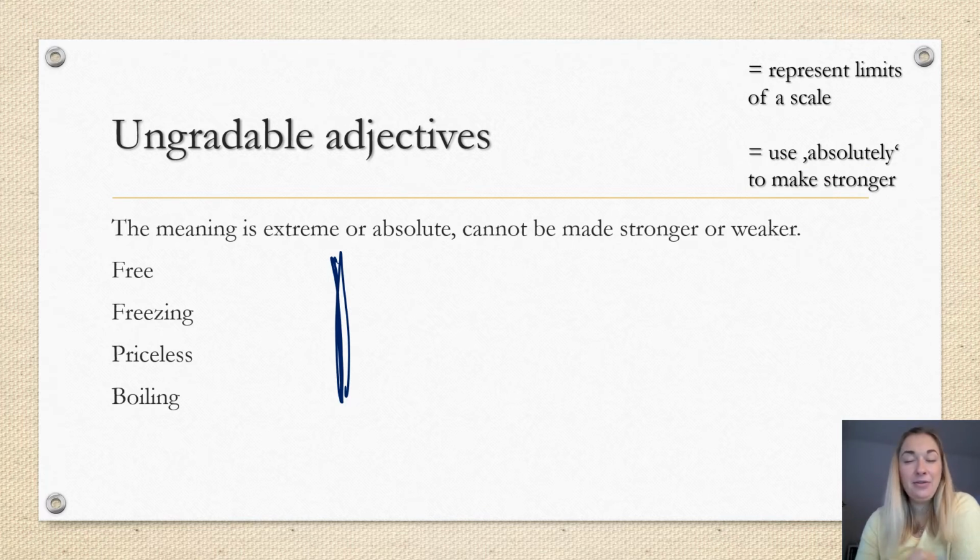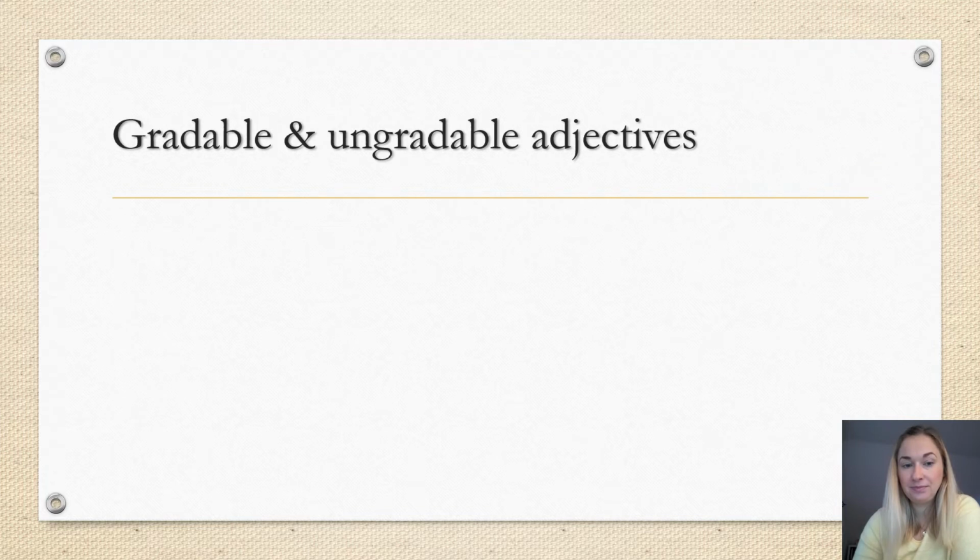And if you are not sure, you can add the particle absolutely to make your ungradable adjective even stronger. For example, it's absolutely free. It's absolutely freezing outside today. Your education is absolutely priceless, and so on.